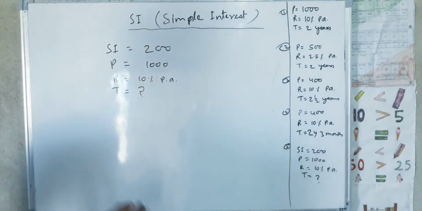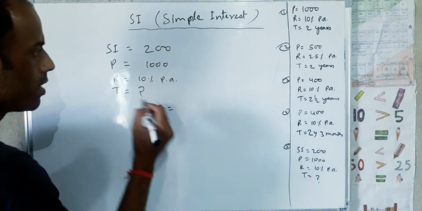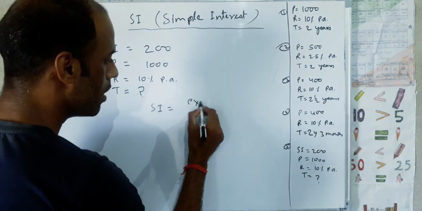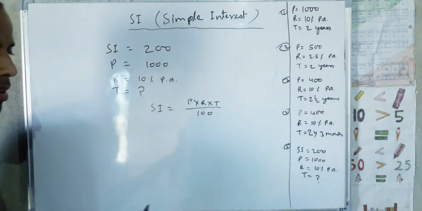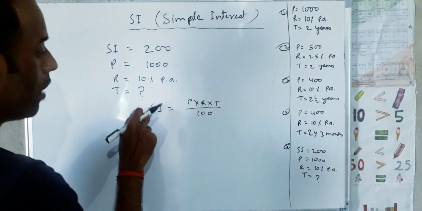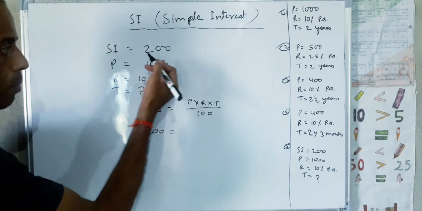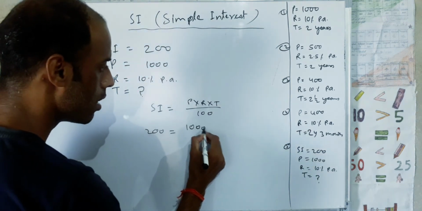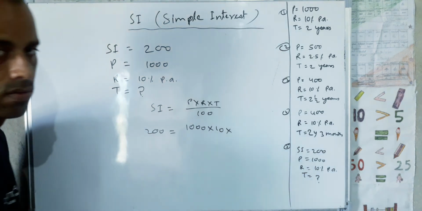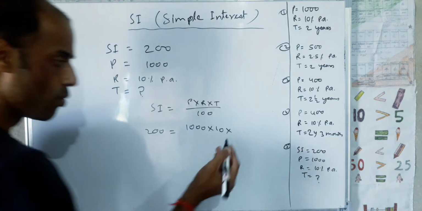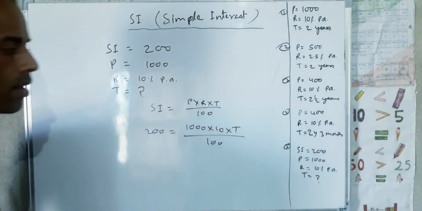So look here. Simple interest equal to P R T upon 100. Now the value of SI is 200 equal to P is 1000 into R, R is 10%. Time is what? We don't know. So write here T upon 100.